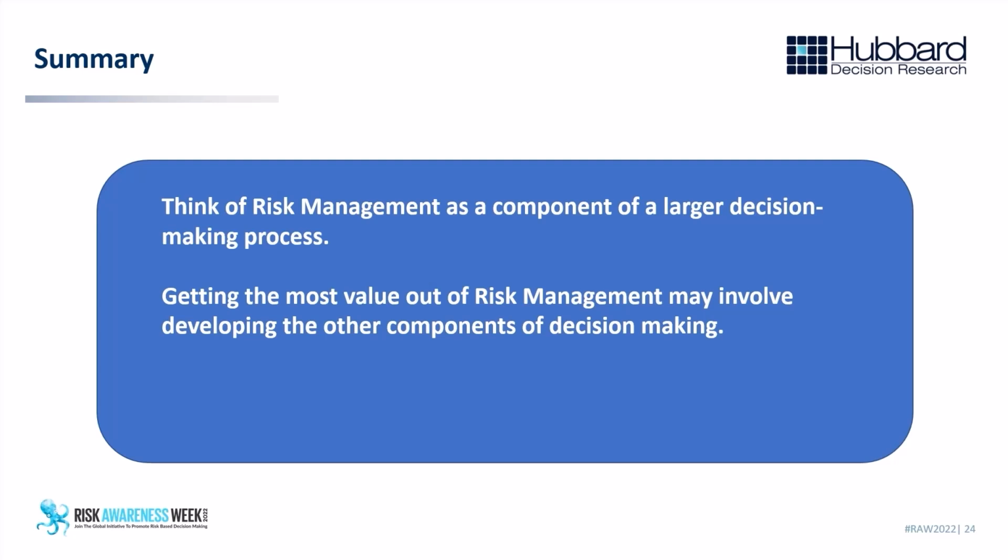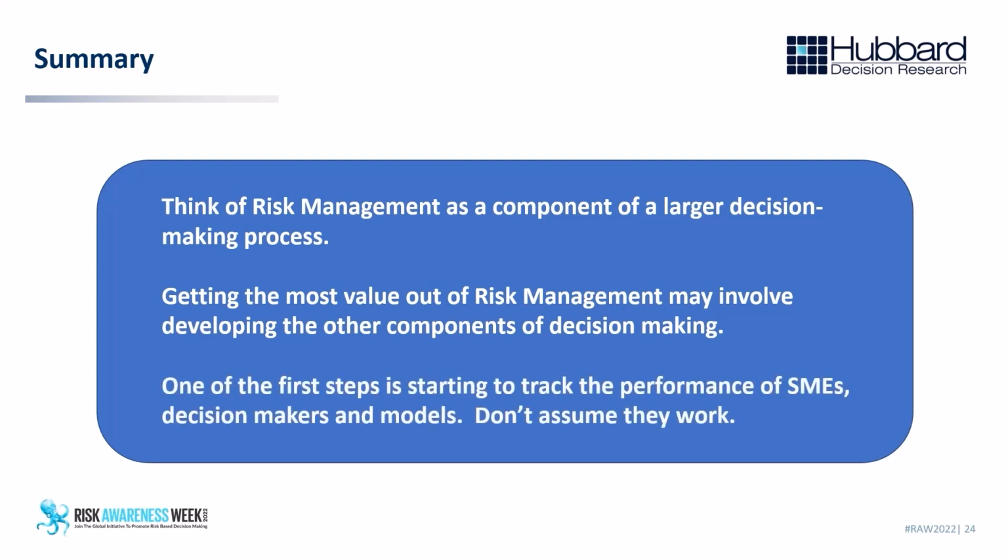So there's decisions under uncertainty, which risk assessment and risk management are part of. One of the first steps to making that connection is starting to track the performance of subject matter experts, decision makers, and models. Don't assume they work. Be a skeptic, even of the models that you build. Constantly ask, how do I know this works?